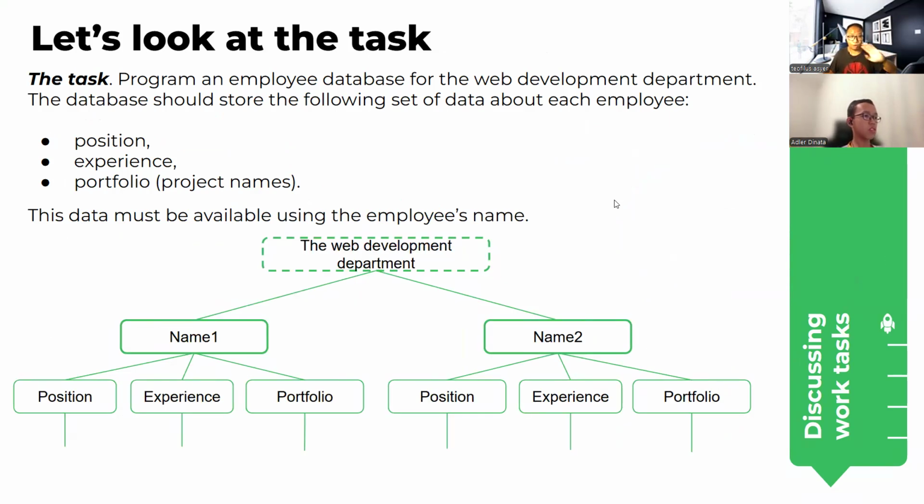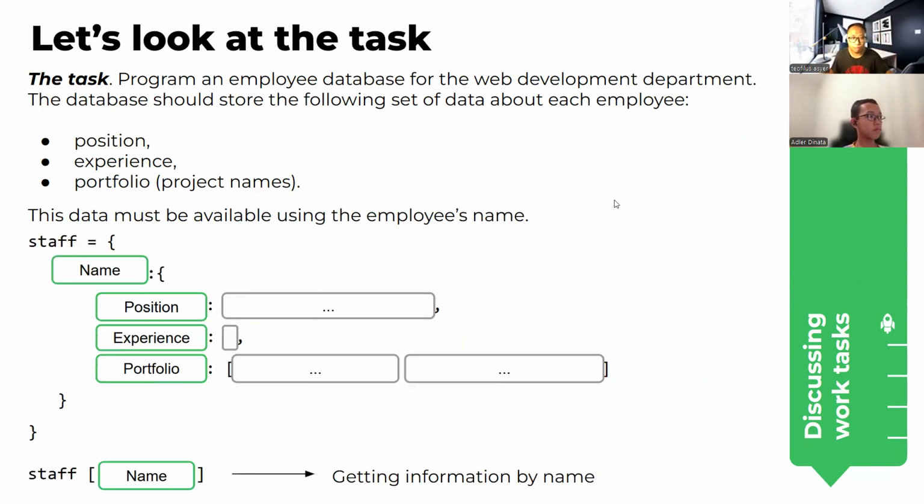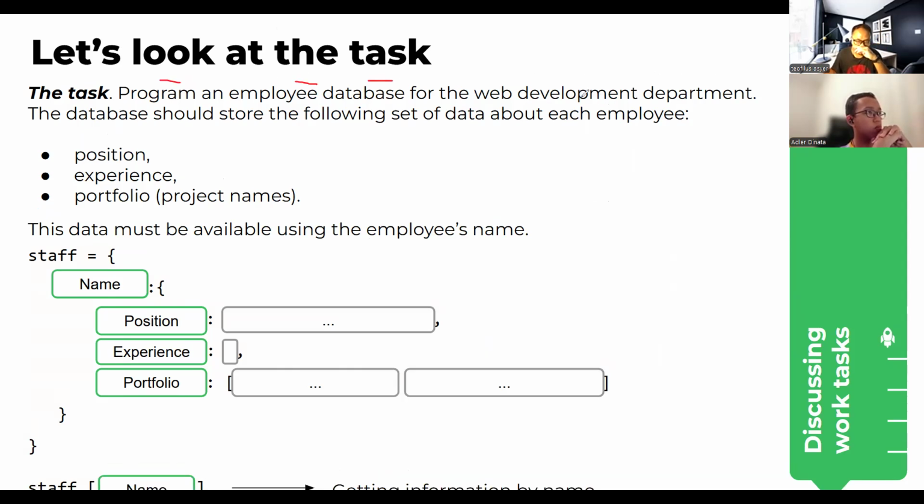Okay, if you can see here, this is what you're going to do in the practice of nested data structures. So let's see the example. Let's say you have to program an employee database for the web development department.